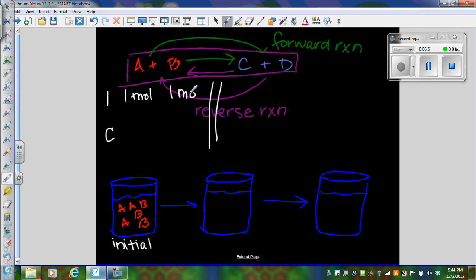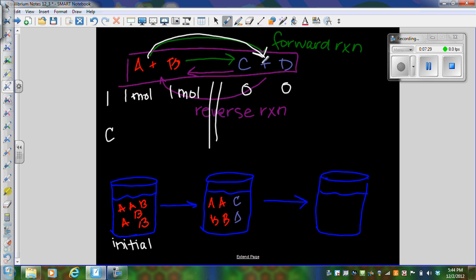So we talked about having some initial amount of our reactants and having nothing of our product. So that's what I'm talking about here. When we start that reaction initially, just reactants, no products whatsoever. And initially, the reaction goes in the forward direction. So A and B start to get used up, and C and D start to appear or form.